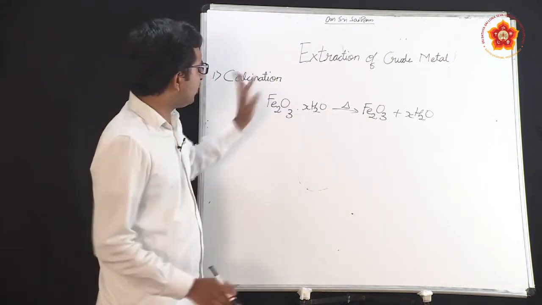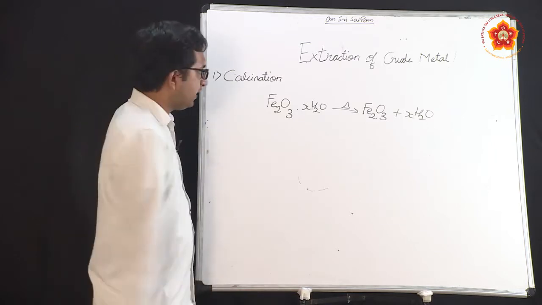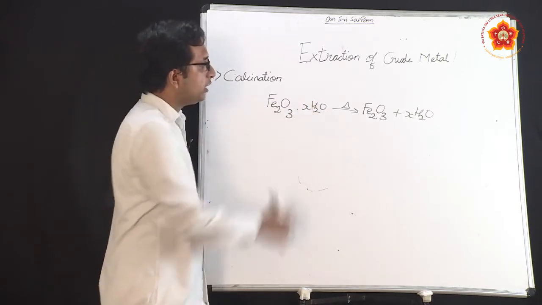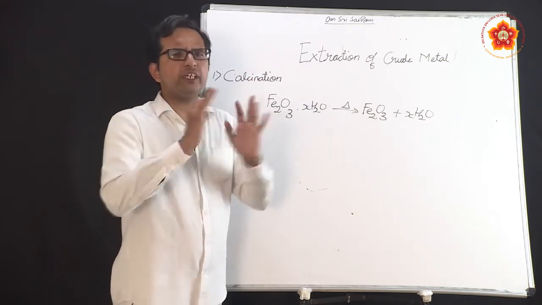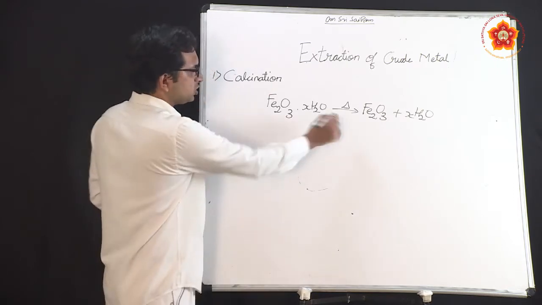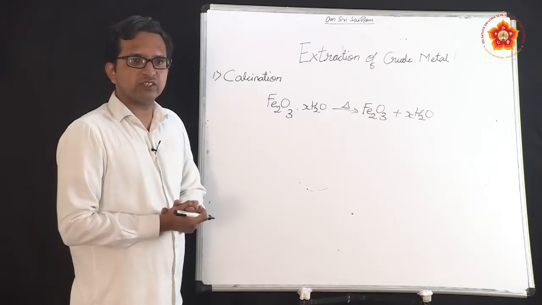So, what is the definition of calcination I can give by seeing this reaction? I can say it is heating of ores at high temperature leading to the corresponding oxide forms. Why do we need to go to oxide form? Because we know very well a process called oxidation or reduction. What is reduction?